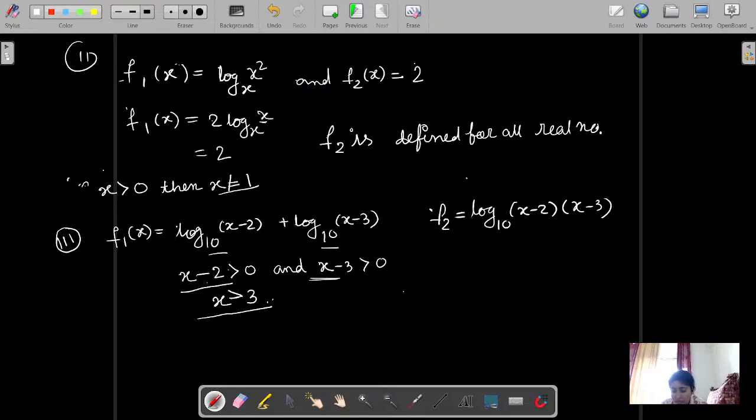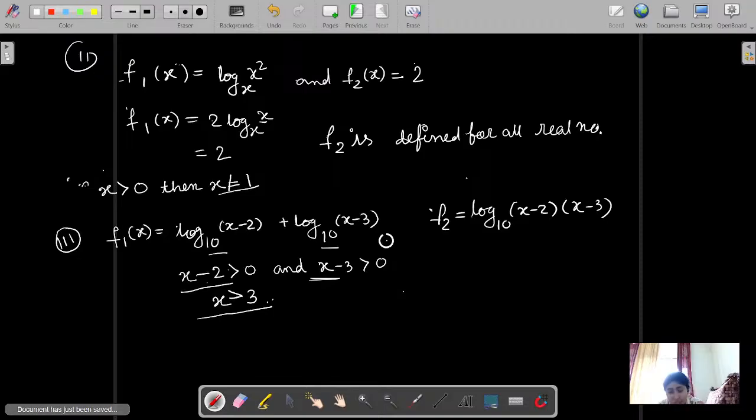See, there is a very minute difference between these two, but their domains will be different. They will be defined for different x. So where is it defined? Don't worry, we will find that out.